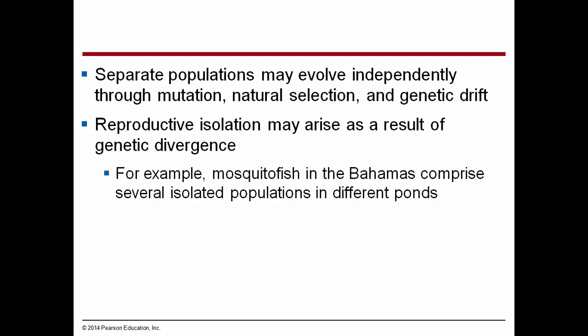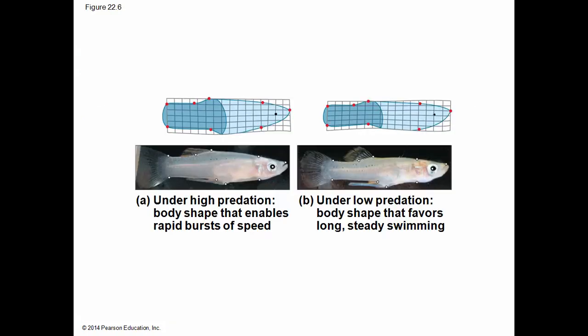For example, mosquito fish in the Bahamas comprise several isolated populations in different ponds. In some of those ponds, they have high predation, and in other ponds, they have low predation. Under high predation, the body shape enables rapid bursts of speed, and under low predation, they're less concerned about predation, so the body shape favors longer, steadier swimming.